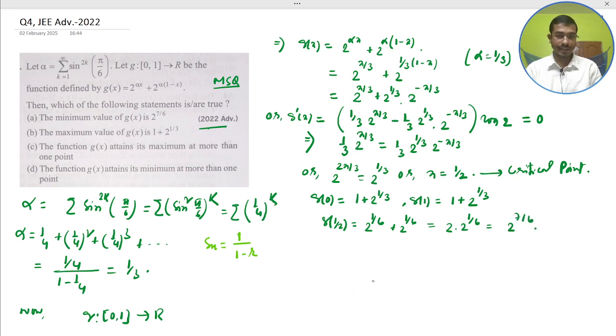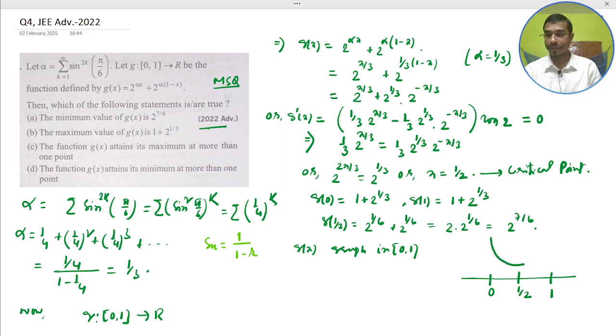So the graph of gx, this is very important. Gx graph in the interval 0, 1, check this option. So this is a reference point with 0, half and the 1. So the graph would be this one.